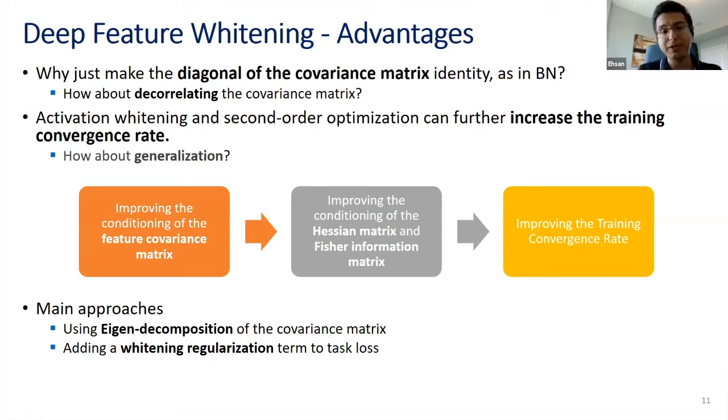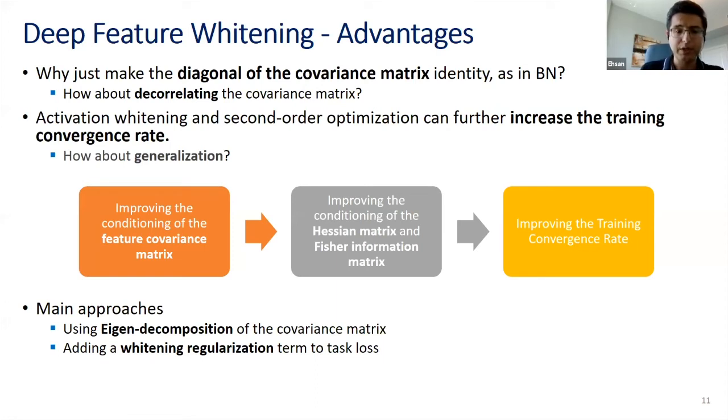But how about generalization? We don't know. I'm going to talk about that as well. What's the effect of whitening on generalization? Similar to batch normalization, not much work has been done in that area, but that's also a good area to work on. Next, I'm going to talk about two main approaches of deep feature whitening.